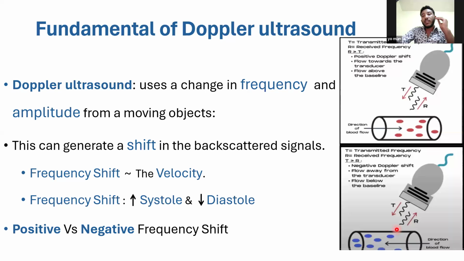But commonly, a negative shift shows flow below the baseline, and a positive shift shows flow above the baseline. The key point is that in the negative shift, the transmitted frequency is always greater than the received.